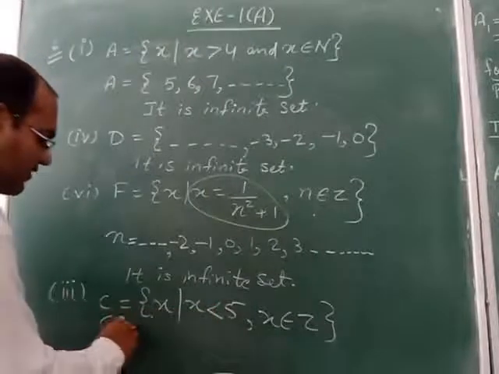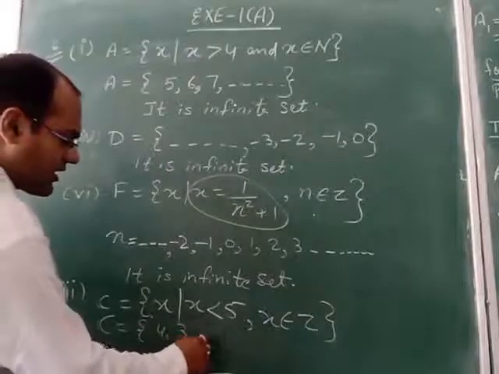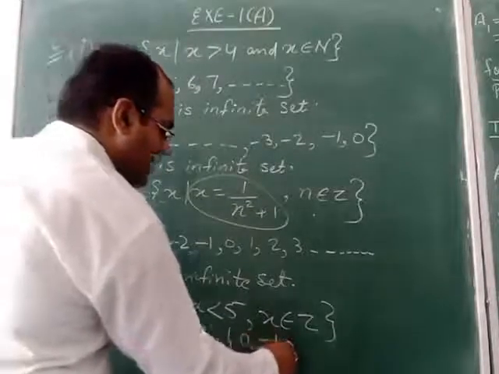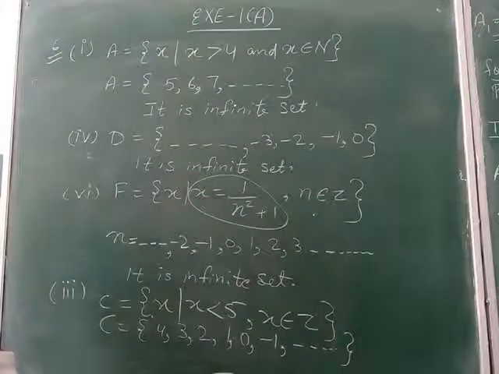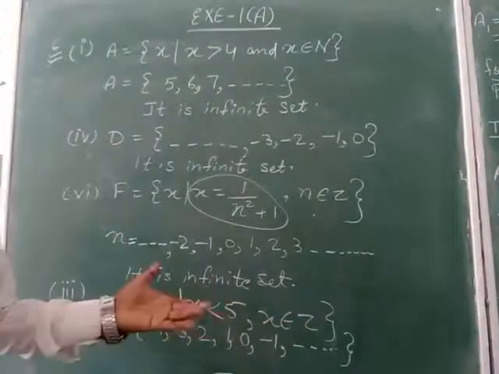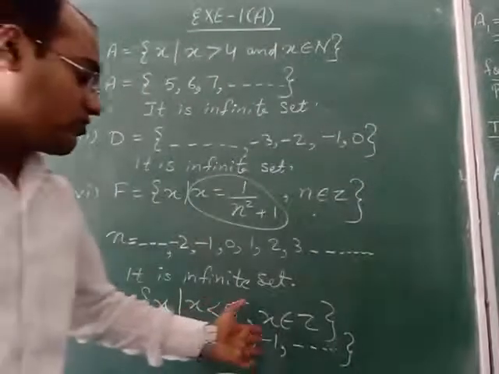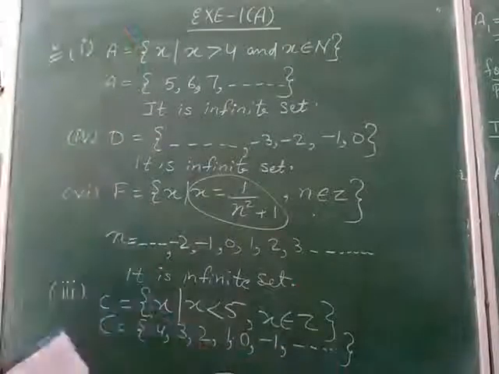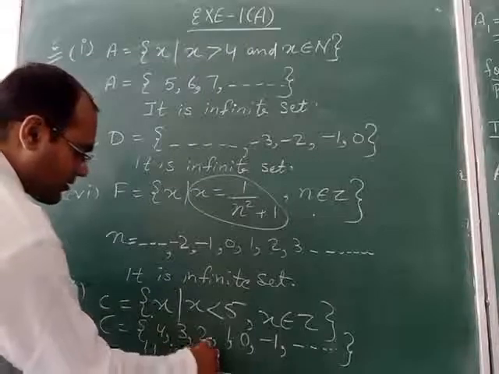Less than 5 is 4, then 3, 2, 1, 0, -1 and so on. We don't know where these numbers will stop. Integers are infinite. This series is not ending, that's why it is also an infinite set.